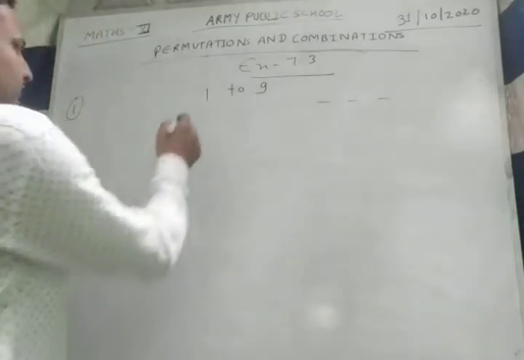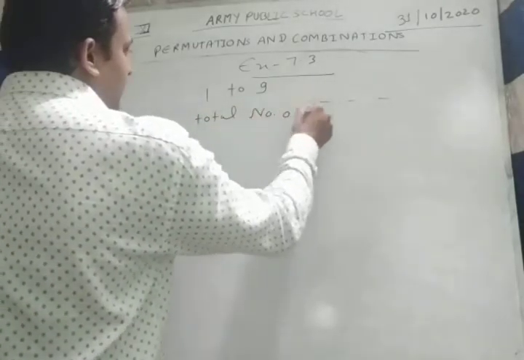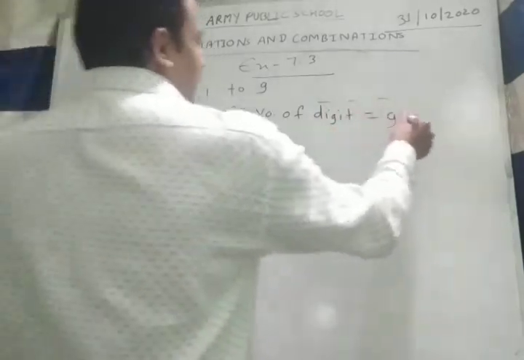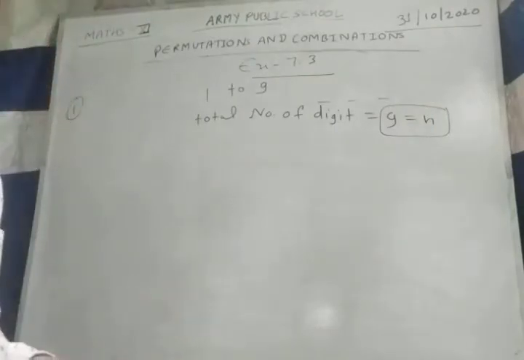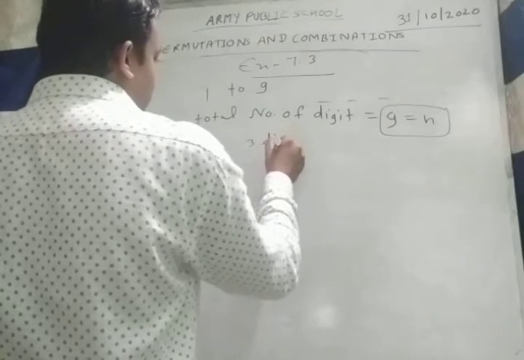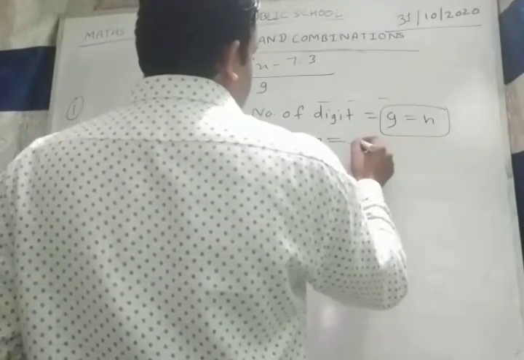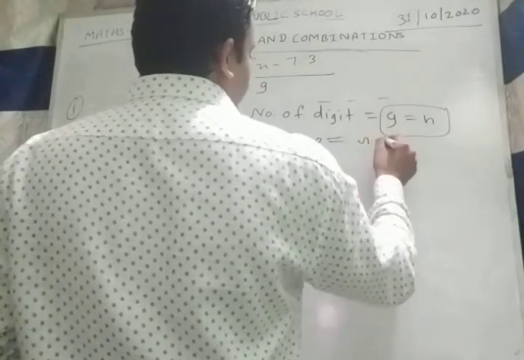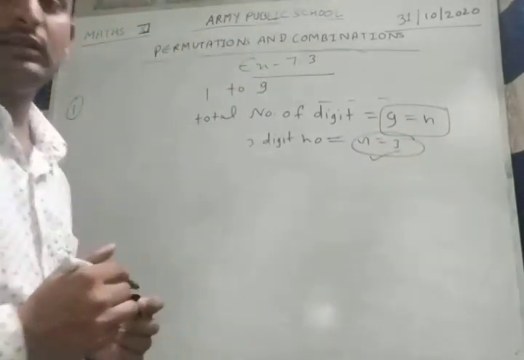So the total number of digits is 9, so n is equal to 9, and we have to find three-digit numbers, so r is equal to 3.